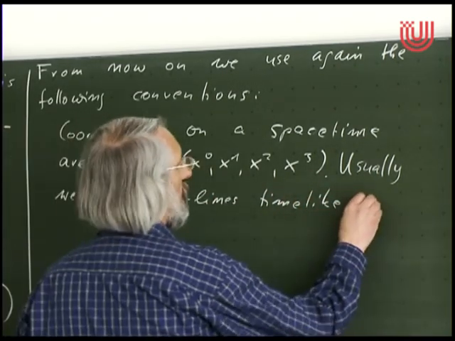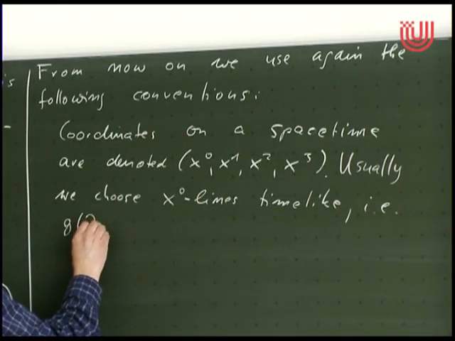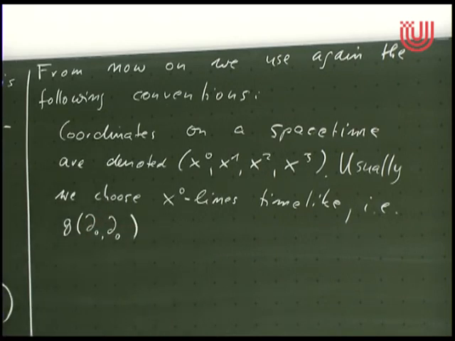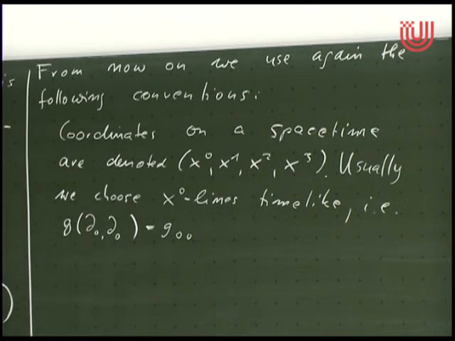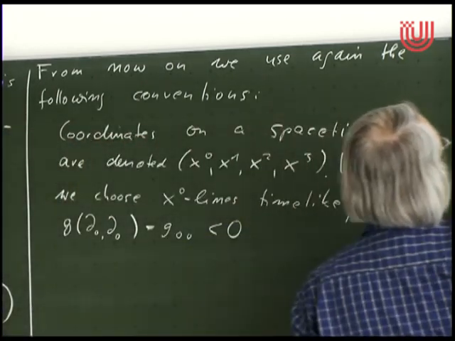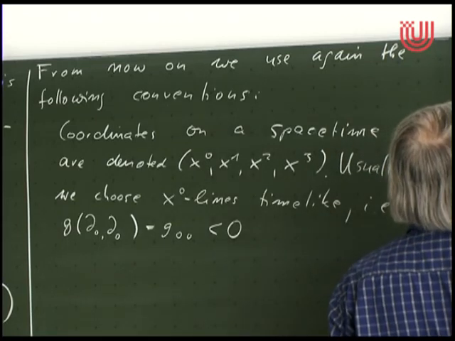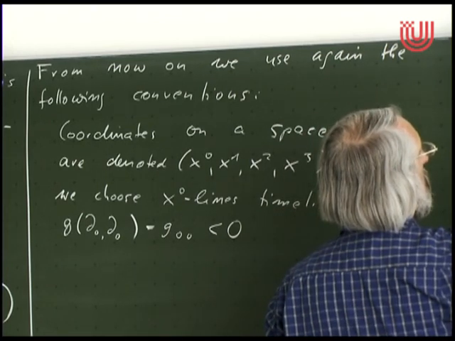So what does this mean? It means that if I insert the vector field d by dx naught into the metric, so that's the metric coefficient which we would also denote just g naught naught, right? That's a term where mu and nu are both 0. That this here is smaller than 0. What does this mean? It means that if I have my x naught lines here, then they lie inside the light cone everywhere.